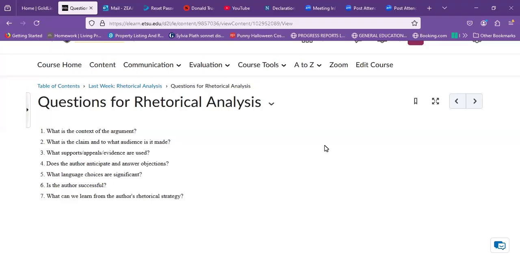This might be something you want to bring in if you're thinking about how to frame your rhetorical analysis. What's the best approach to take to get at the analysis, talking about why something is or is not successful. That can be one way to do it. You're not required to write a paper on why this speech is or is not successful, but thinking about it that way might get you a little bit closer to your thesis.